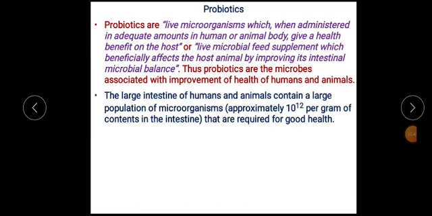We have studied already that our large intestine has normal flora. So the large intestine of humans and animals generally contains a large population of microorganisms, approximately 10 to the power 12 per gram of the contents in the intestine. And this population is required for good health. So what is the role of these normal flora organisms?